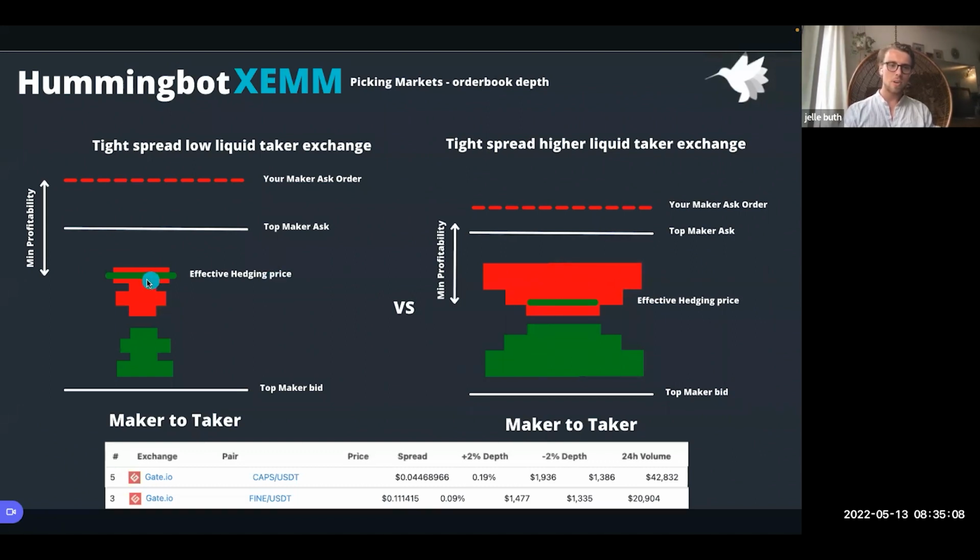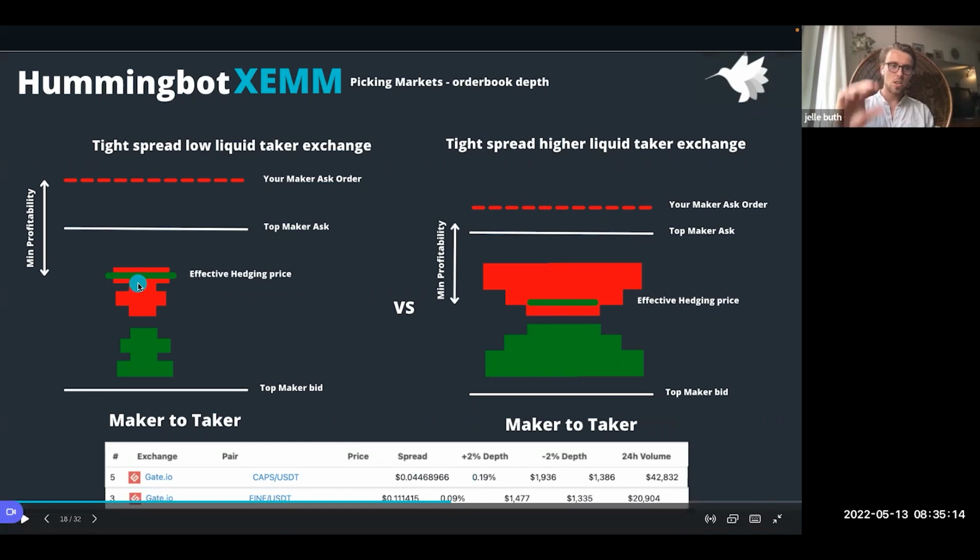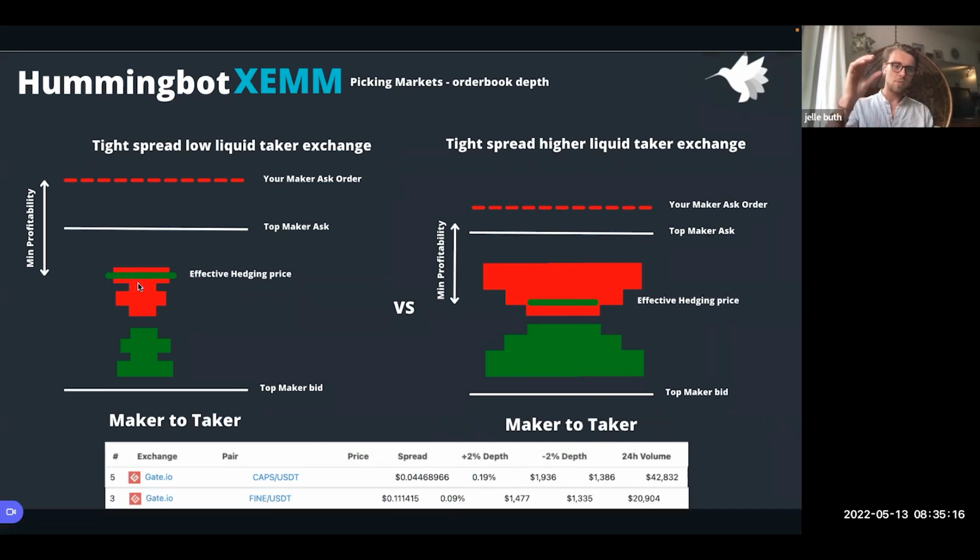What will happen is, let's say I have a decent order size of like $600 or $700 on these exchanges. The bot will observe what my average fill price, or the effective hedging price, is if I want to buy my asset on this taker exchange. Because the order is quite large, my effective hedging price will move up because it needs to fill all these orders.